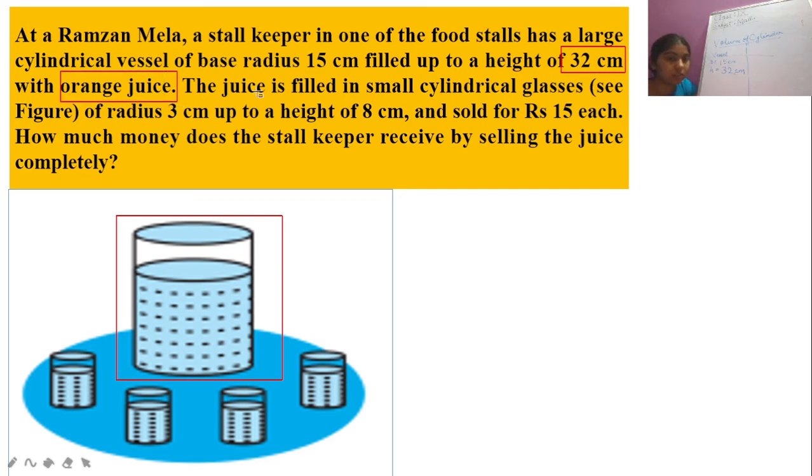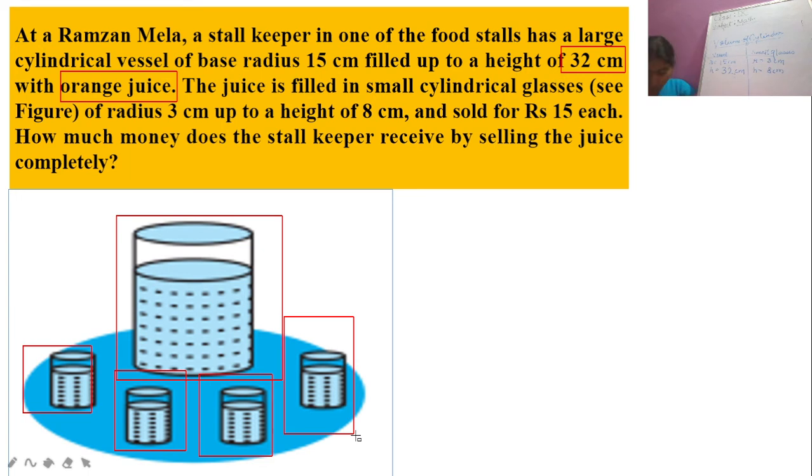The juice is filled into small cylindrical glasses. You can see there are 4 small cylindrical glasses, right? For the small cylindrical glasses, we have a radius of 3 centimeter and a height of 8 centimeter, right?